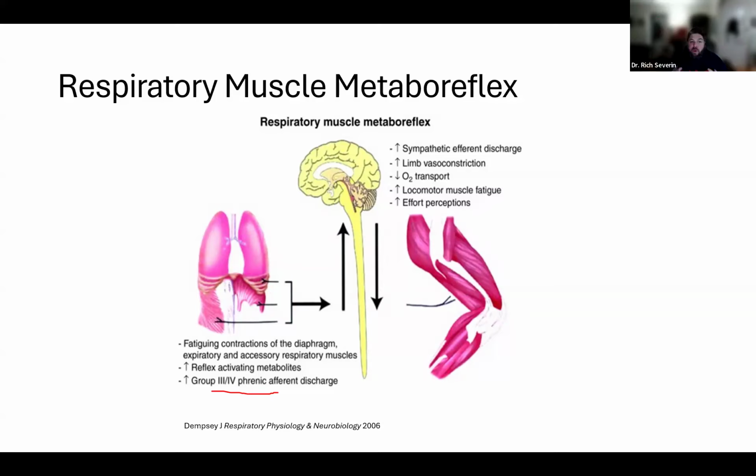That causes a global sympathetic efferent discharge, which causes vasoconstriction. That's what the sympathetic nervous system does to the vasculature, diffusely, which causes vasoconstriction globally. But those metabolites are not only activating these nerve afferents, they're also vasoactive and cause dilation in the vascular beds of the breathing muscles.